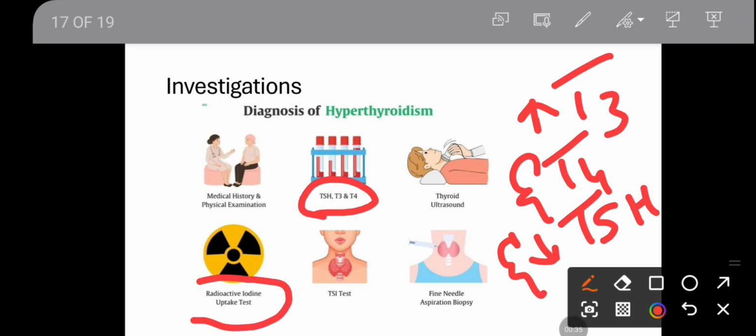Sometimes we also do a radioactive iodine uptake test. In the radioiodine uptake test, when the examiner asks, diffuse increased uptake means it is Graves' disease, and patchy increased uptake means it is toxic multinodular goiter, and for low radioiodine uptake there might be thyroiditis and factitious thyrotoxicosis.